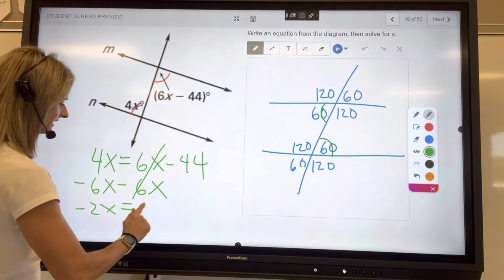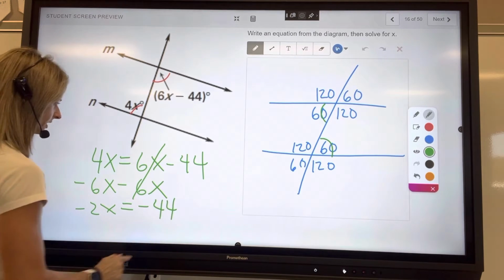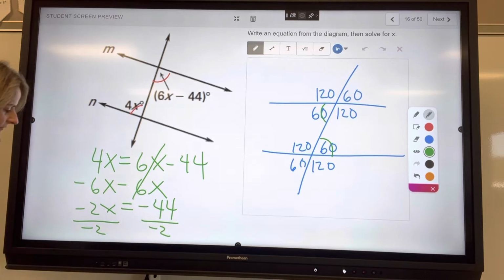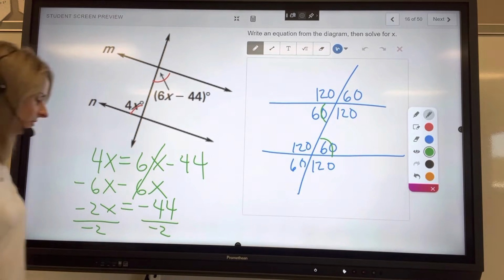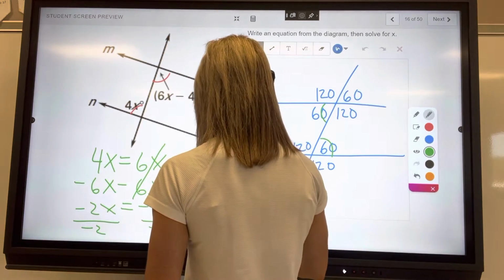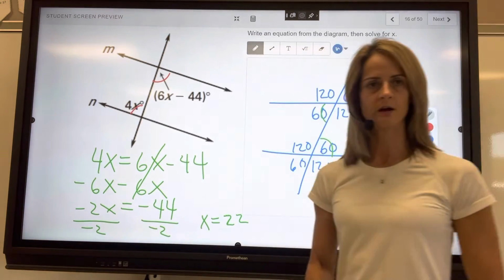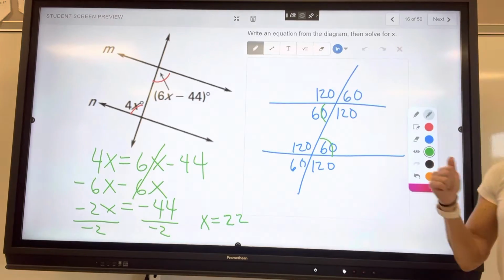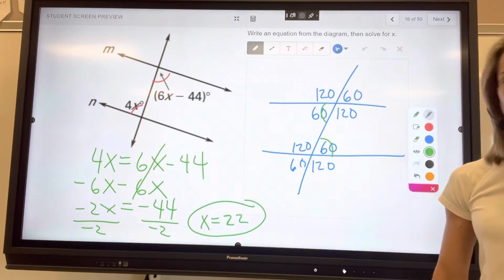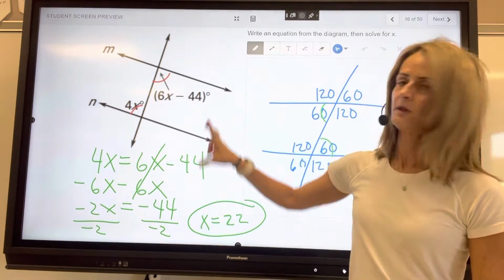If I'm moving to the other side, then I have to move the numbers over too, and that's just more work. I know you can't see what I'm doing because I'm standing in front of it. But I'm getting x equals positive 22. Anybody else get that? Okay, perfect. So the value of x is 22 that makes these two lines parallel.